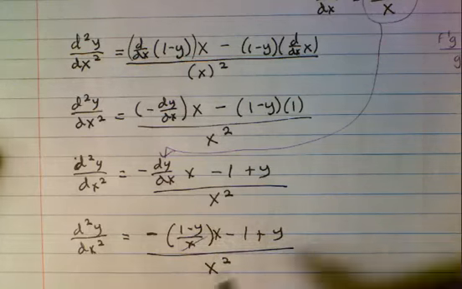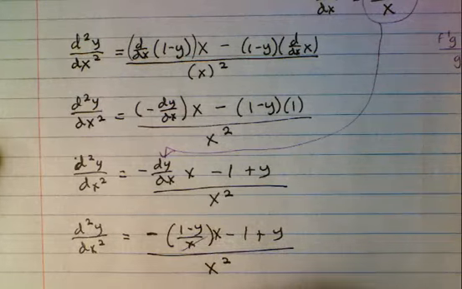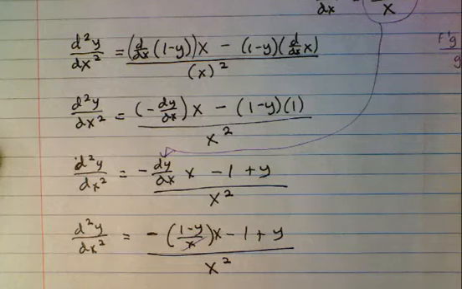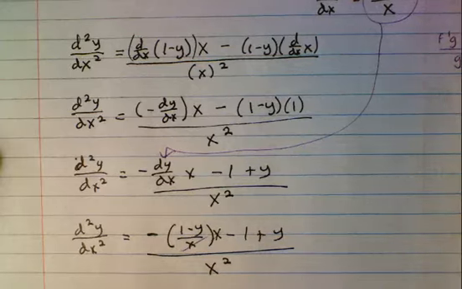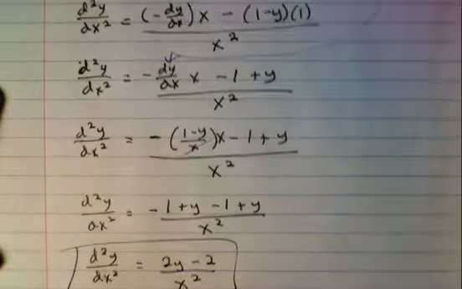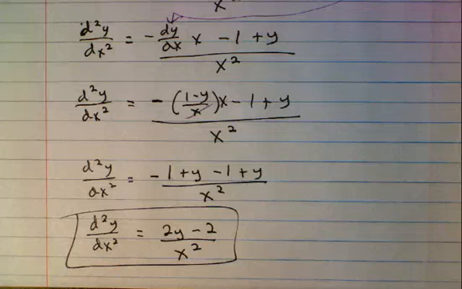Then when we distribute this negative, we've got negative 1 plus y minus 1 plus y over x squared, and we combine like terms, we have 2y minus 2 over x squared. A lot of work, but there we go, we have our second derivative.